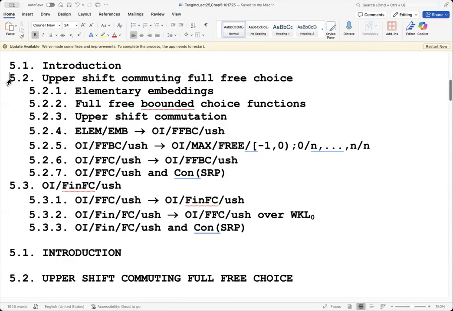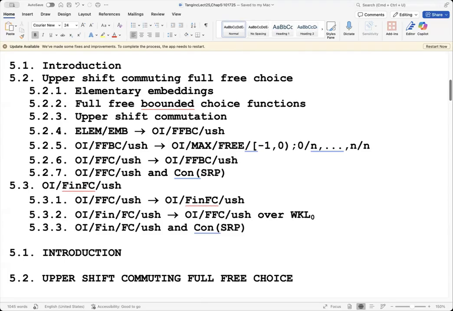The upper shift is a particular mapping from Q into Q. It's the identity on the negative rationals, and it's plus 1 on the non-negative rationals. So it's a total function, and it extends to any dimension coordinate-wise. So we have upper shifts on all the Q^k into Q^k. And commuting with the upper shift is a very nice form of invariance.